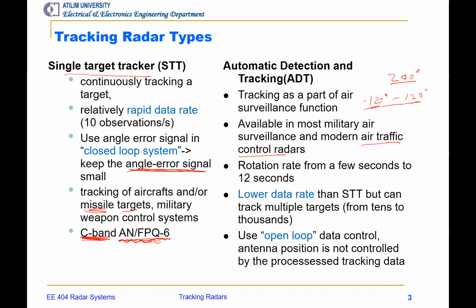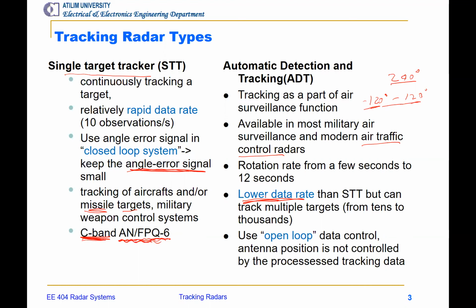Its rotation rate might be from several seconds to some 10, 12 seconds, and it provides relatively lower data rates compared with STT, but it can track multiple targets. It might sometimes go up to thousands of targets.